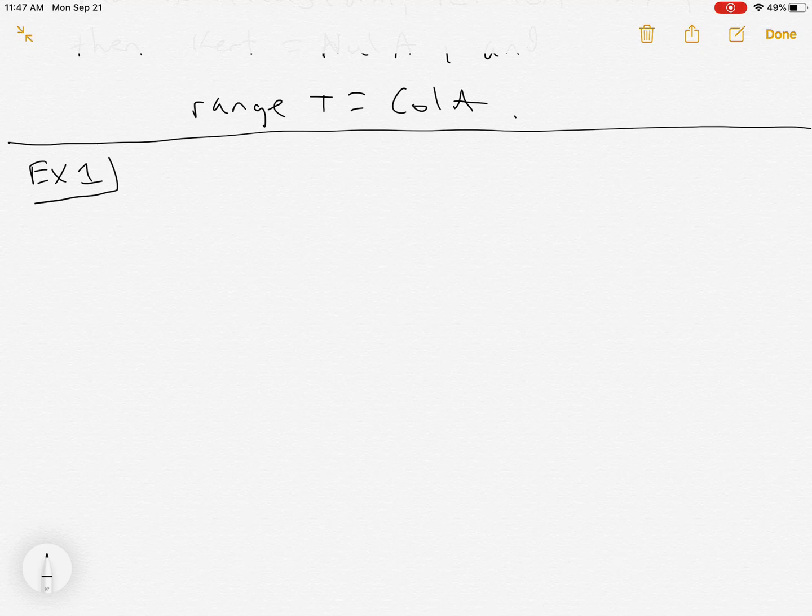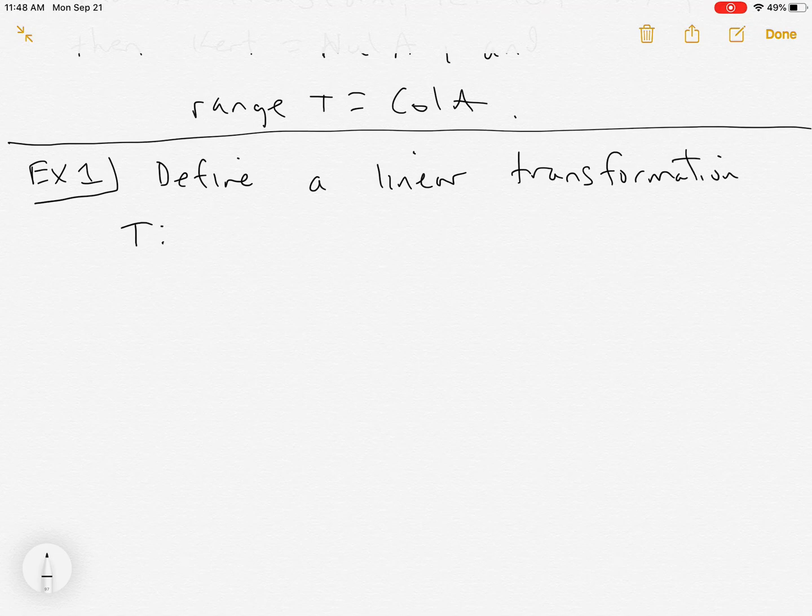Okay, so we're going to define a linear transformation T that takes P2 into R2, right?